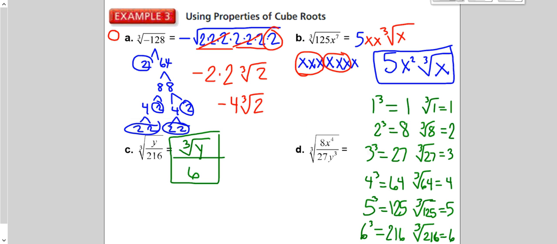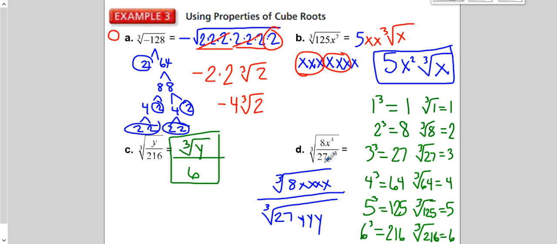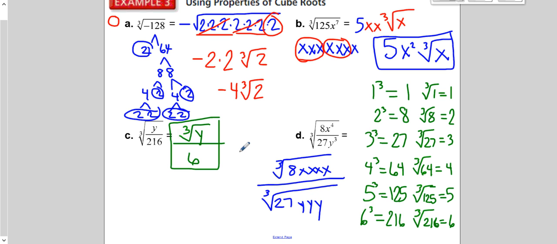And the next one, what's a cube root? Let's separate our numerator and denominator first. 8 x to the 4th. I'm going to write this out. And then 27 y cubed. All right. Cube root of 8 is 2.